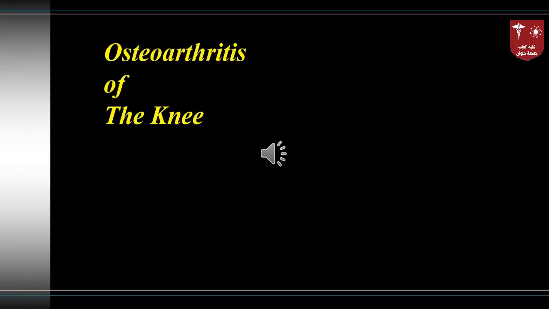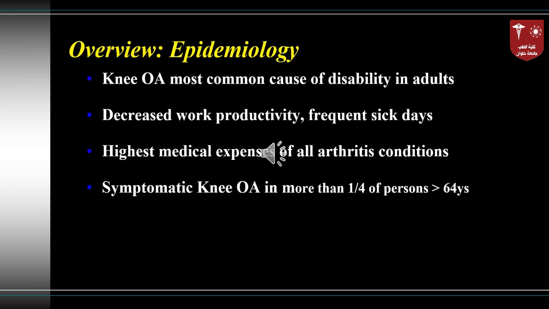Then coming to our second example of affection of the joint, osteoarthritis of the knee. Osteoarthritis of the knee is very common, as we will see. Each one of you has one of his relatives who has knee osteoarthritis, because it is the most common cause of disability in adults.